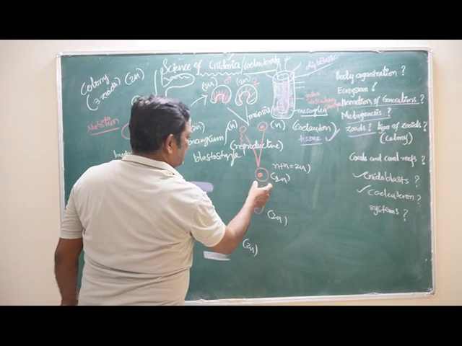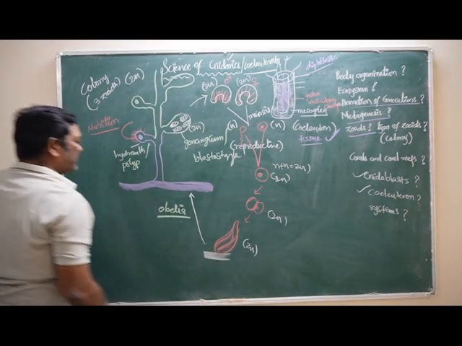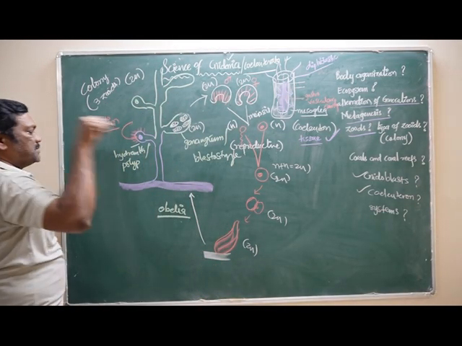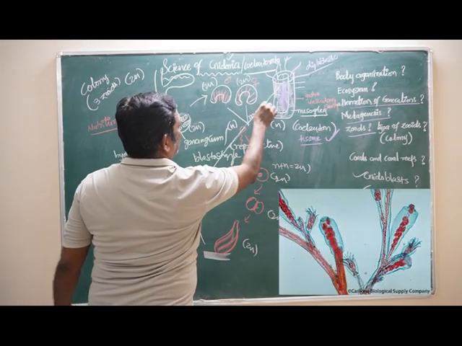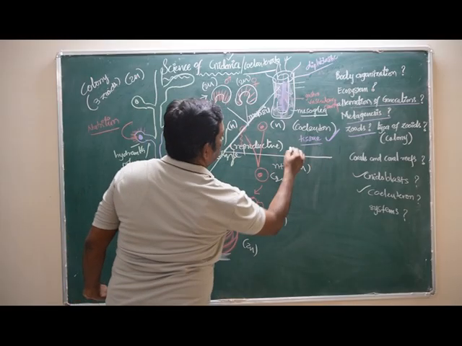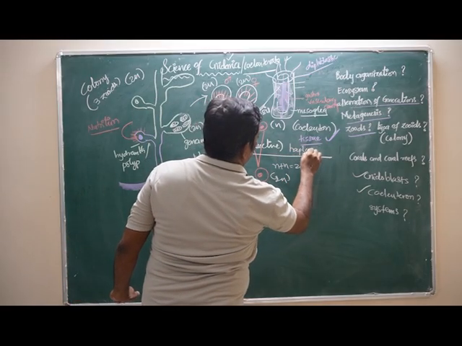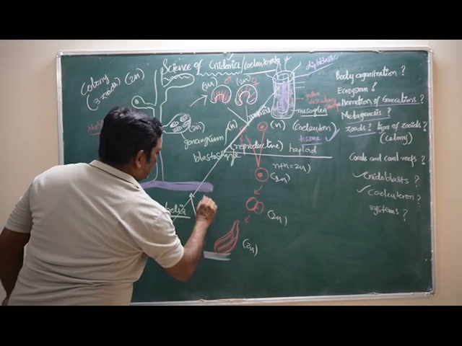Now the fertilization is taking place, embryonic development is going on, and finally the planula larva is developing, which attaches to any substratum and develops as the adult Obelia. Okay, up to here this is in haploid state. Remaining total is in diploid state.